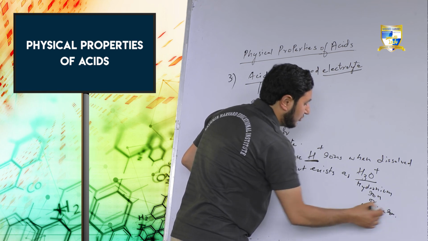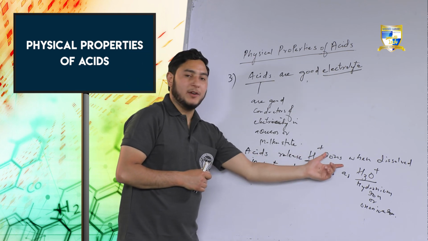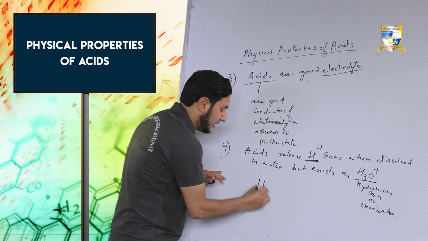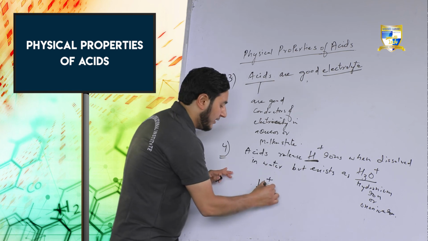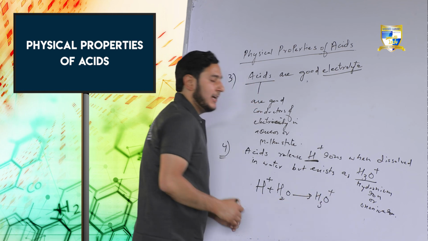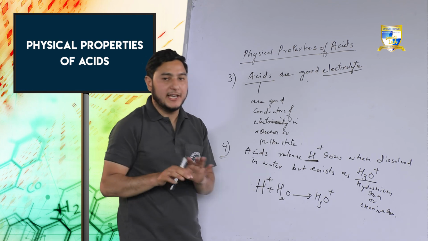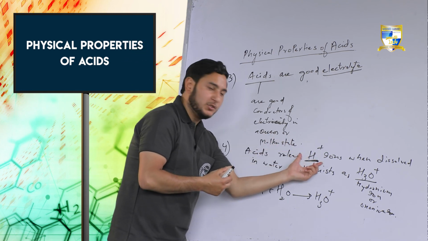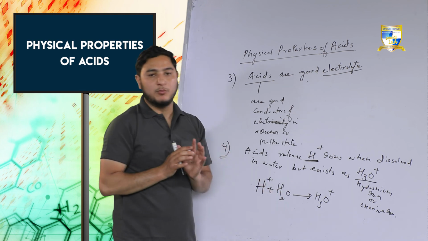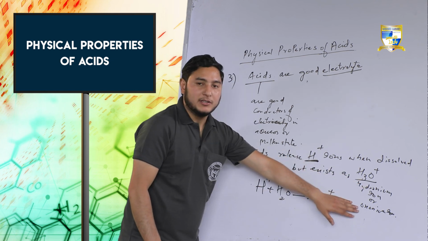H positive ions react with the surrounding water molecules, H2O, and form H3O positive. That is, there are no H positive ions floating over the surface of water. We cannot see H positive ions. What we see is that these H positive ions combine with the surrounding H2O molecules and form H3O positive ions, also called hydronium ions or oxonium ions.